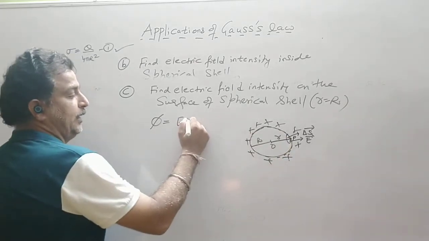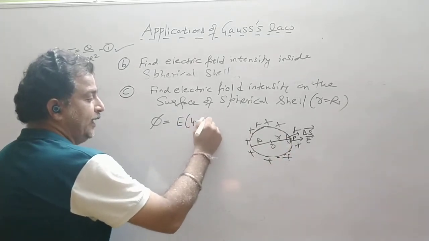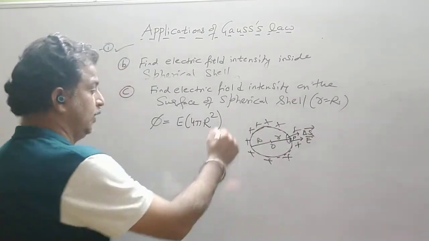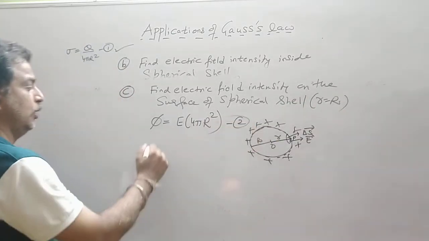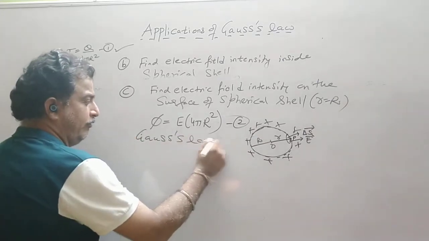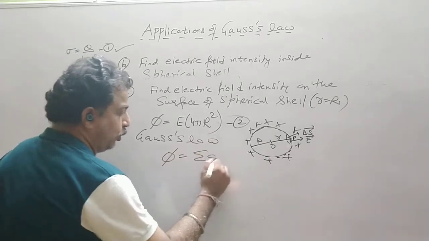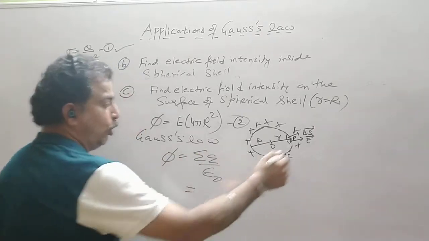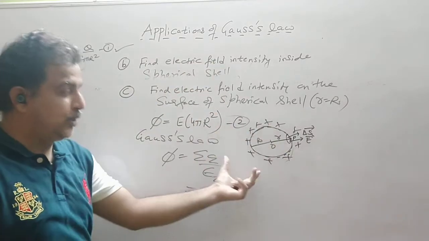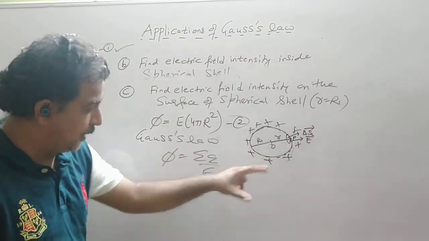It becomes E 4 pi r square, because small r is equal to capital R. So this becomes our equation 2. Now Gauss law says flux is equal to summation q upon epsilon naught. In the first case the charges were enclosed inside, but now all charges are on the surface.